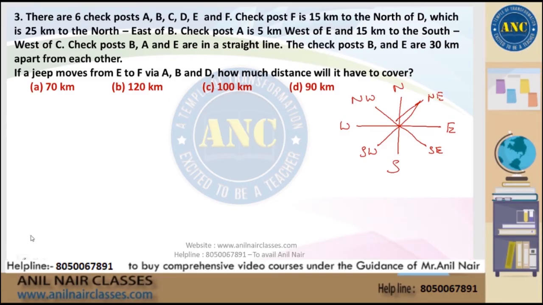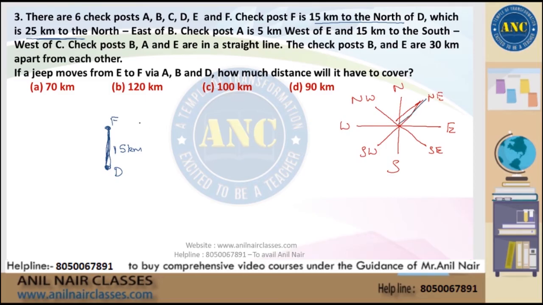There are 6 check posts A, B, C, D, E and F. Check post F is 15 km to the north of D. So, north is where? North is upward. So, check post F is 15 km to the north of check post D. Next, D, which is 25 km to the northeast of B. So, which is northeast?